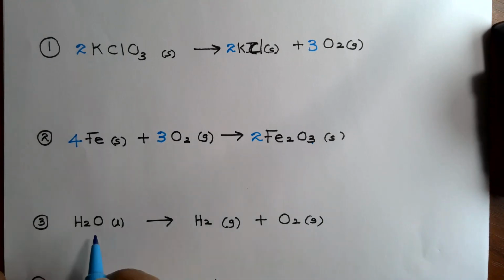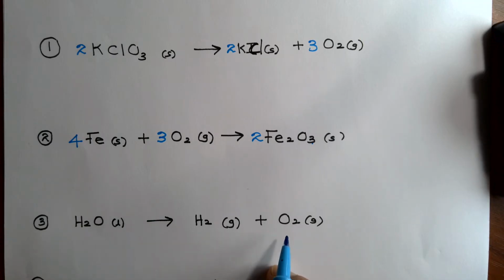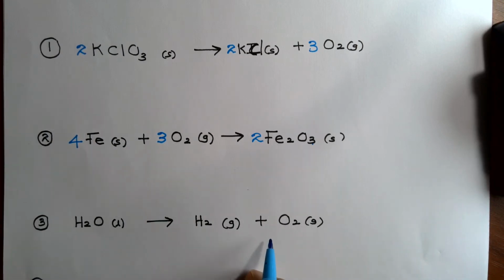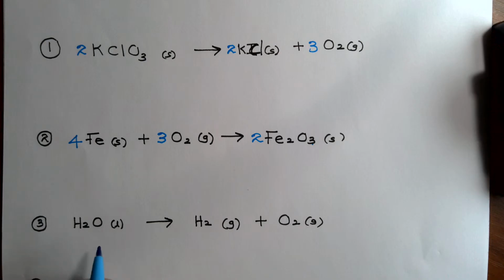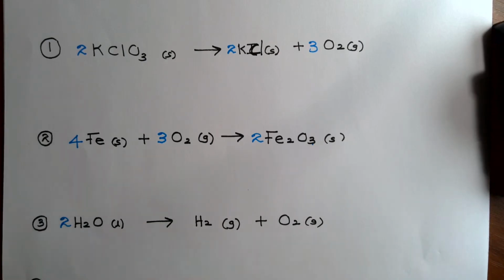Third reaction is water is in liquid form and it decomposed into H2 and oxygen gas, hydrogen and oxygen gas. So let's see how we can balance this equation. So there are two hydrogens, hydrogen already balanced, but one oxygen here, two oxygens in the product side. So I'm going to balance oxygen first, adding coefficient 2.